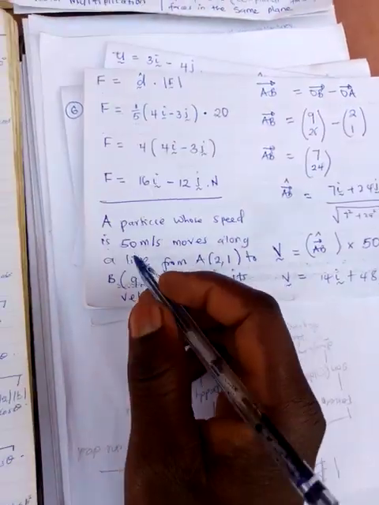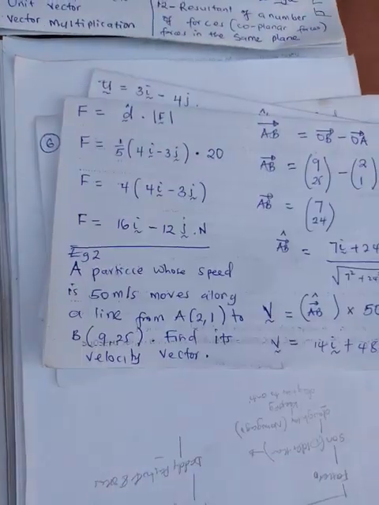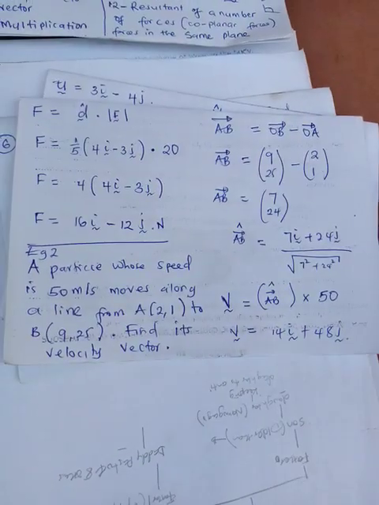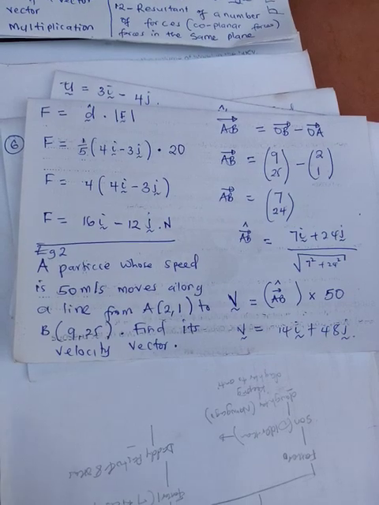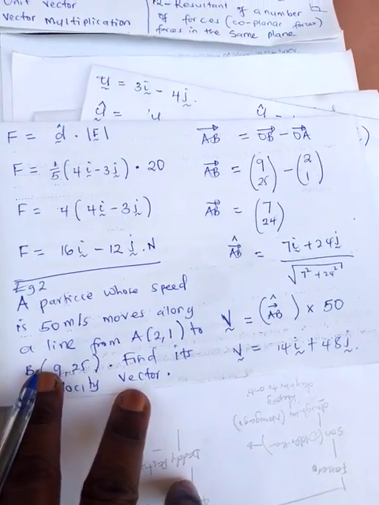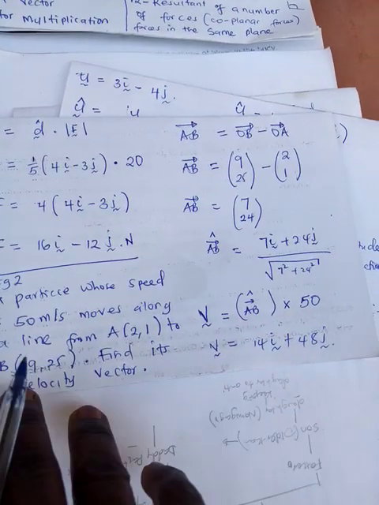This is example number 2. I think that is very okay with unit vector. That is very okay. It is very clear. You are seeing it very clearly. Yes.